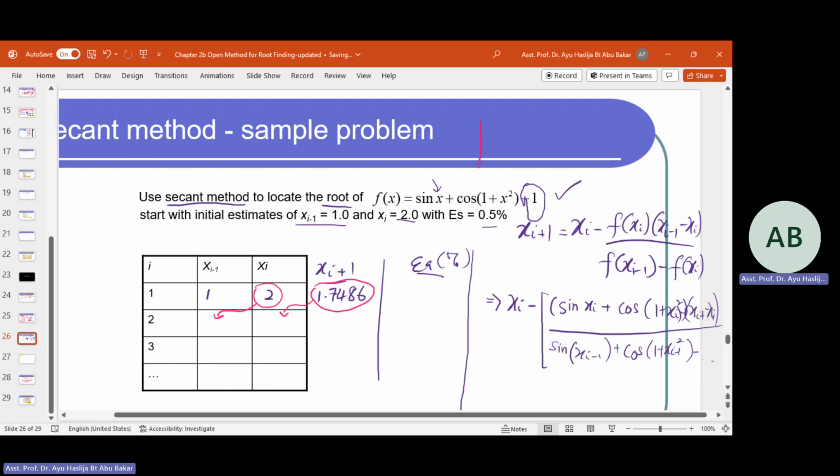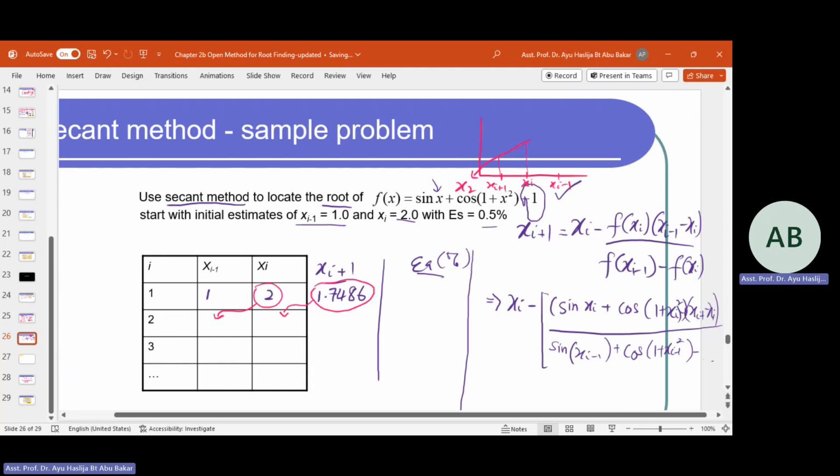Okay, because why? Because first thing we need, this is your xi, xi minus 1, to find the xi plus 1. Okay, so using the slope, you need to find the x2. To find this x2, you need 2 points.